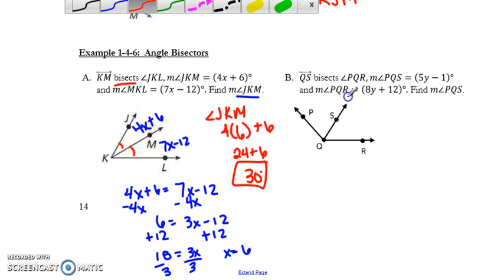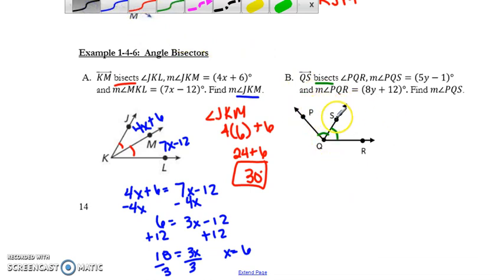So try B on your own and see how you do. If you don't know where to start, begin by labeling what information they give you. Knowing that this bisects tells you that this angle is equal to this angle, and try it. If you don't know what you're doing, then let's go ahead and do it together.